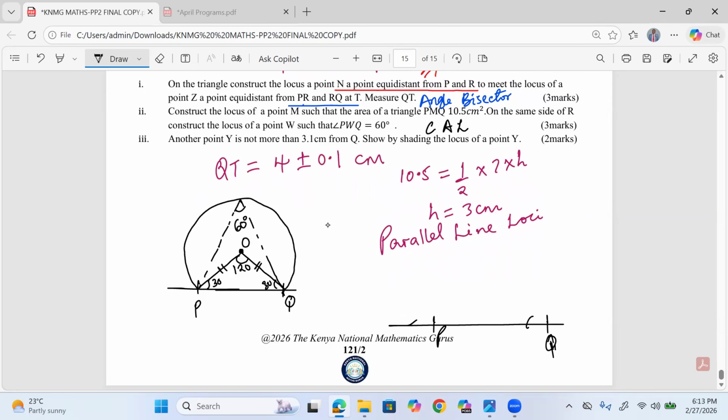So if this is 30 degrees, when we bisect PQ, this bisector of PQ shall pass through the center. That means wherever you meet the 30 degrees mark is the center.